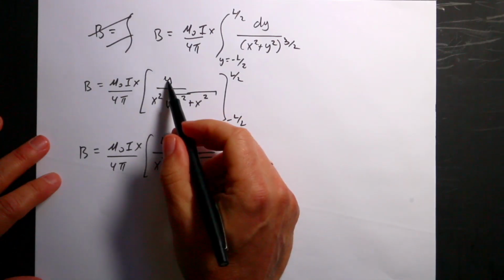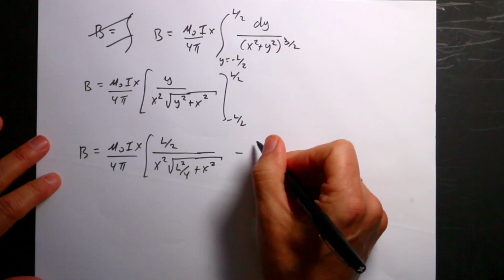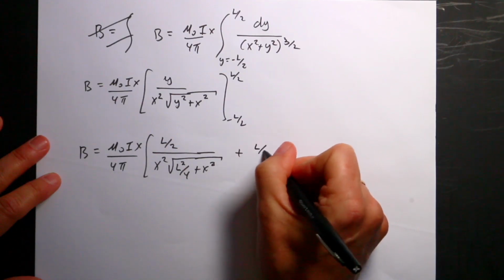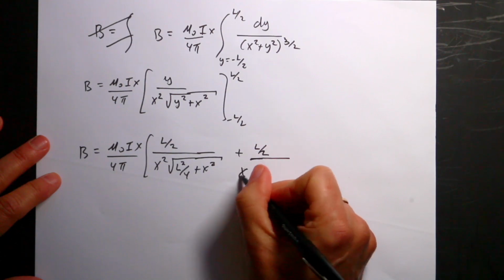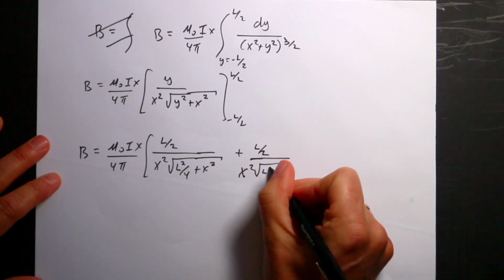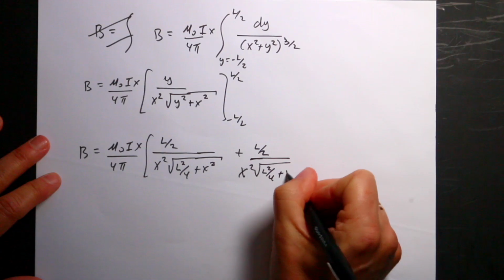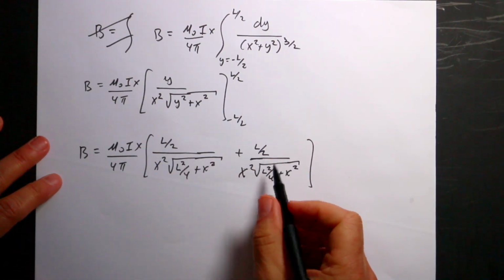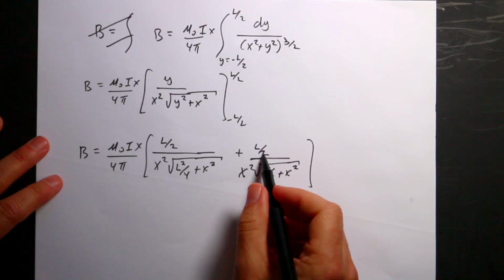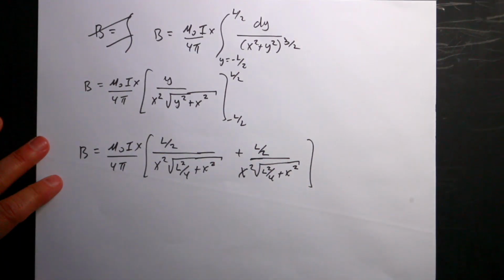Minus negative L over 2, so I get plus L over 2, all of that over x squared, square root, again, L squared over 4 plus x squared. And so these are the same thing, so I just get 2 of them. And that's fine, because that cancels right there. I think.